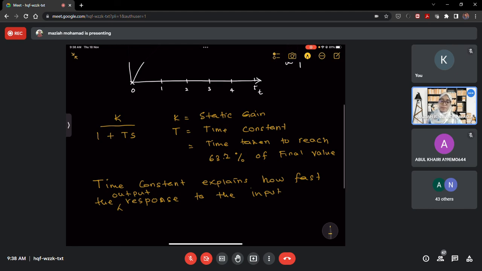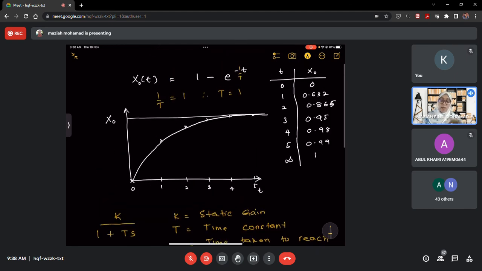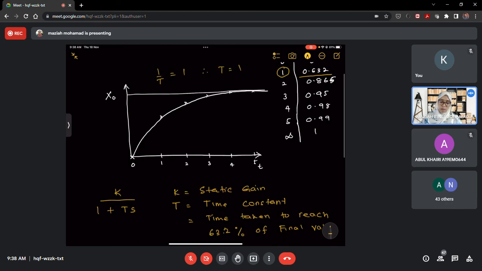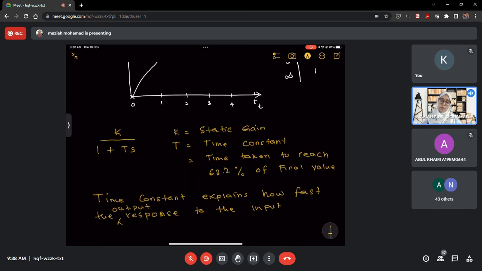Here we can see for the example just now, for the spring damper system, the time constant is 1. Why? Because it reached 0.632 at 1 second. The definition of time constant is the time taken to reach 63.2%.